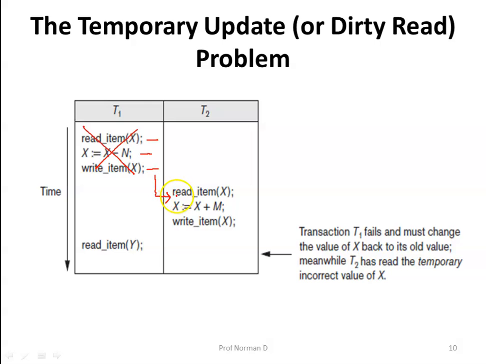So basically what should have been done is whatever value has been read over here has to be rolled back or undone. But now what has happened is, after reading the value of X, T1 has failed. Such type of problems are called the temporary update or dirty read problem.